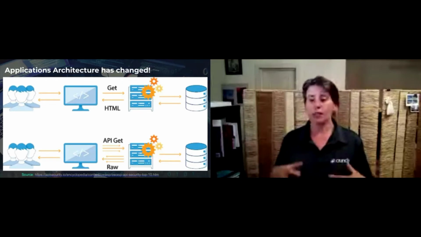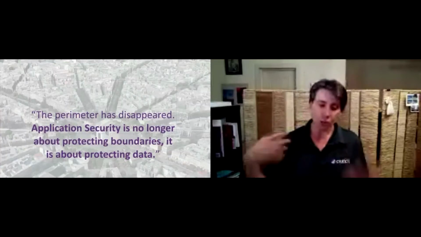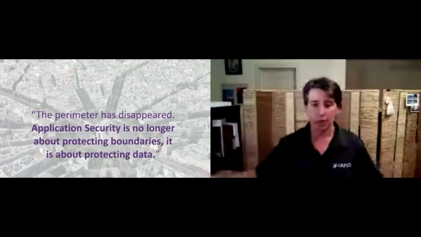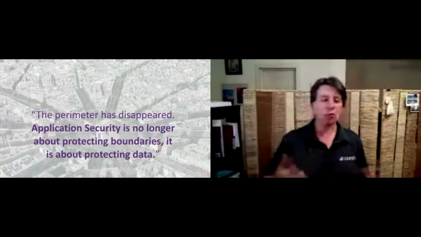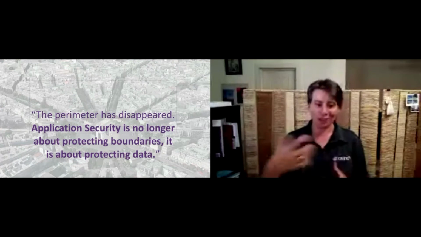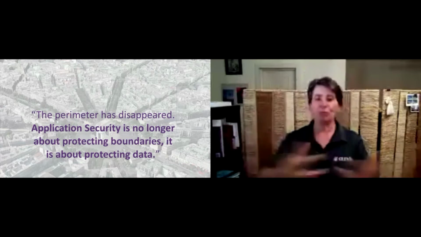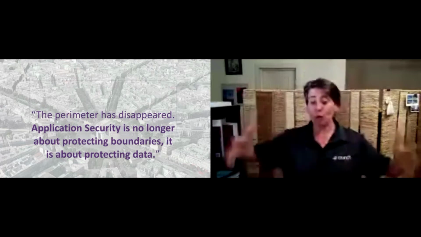The second one is traditionally application security has been about building walls around ourselves, right? We have a data center, which in this picture here is materialized by the Arc de Triomphe in Paris. And what we would be doing was building multiple walls around that.